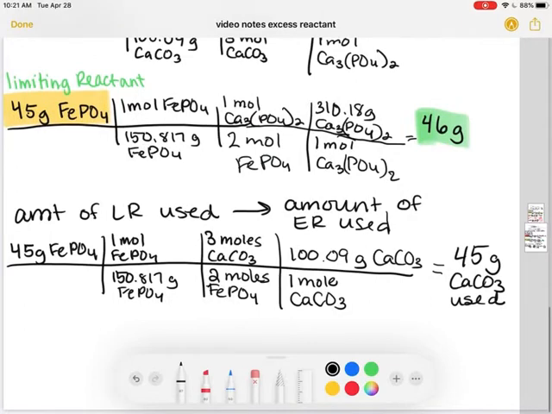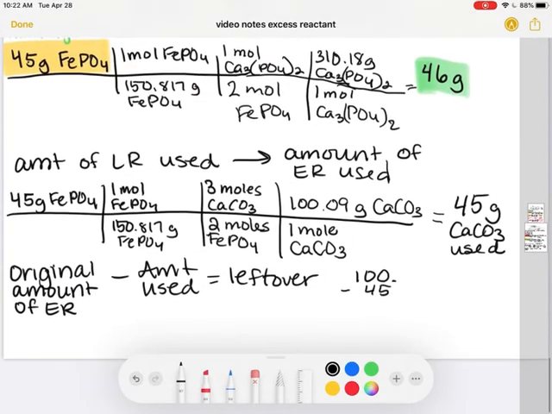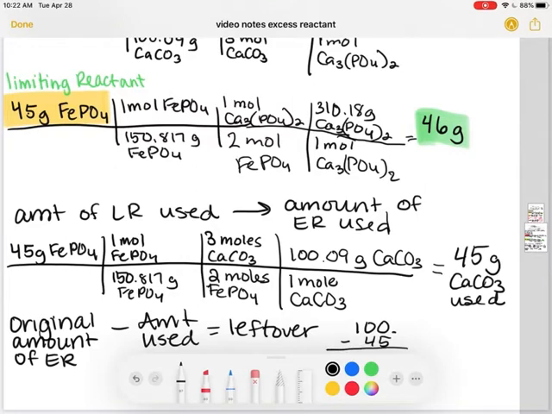So we're going to take our original amount of our excess reactant, subtract the amount used, and that's going to tell us how much is left over. We had 100 with a dot after it, which means that ones digit is significant, and we're going to subtract 45 from it. And 100 minus 45 is 55 grams of calcium carbonate left over.